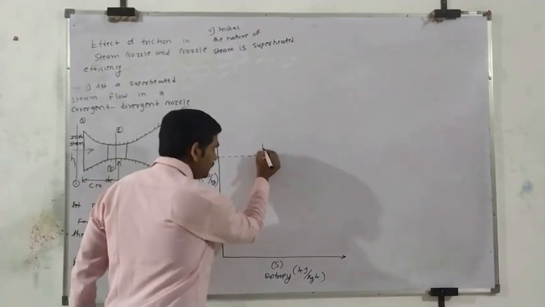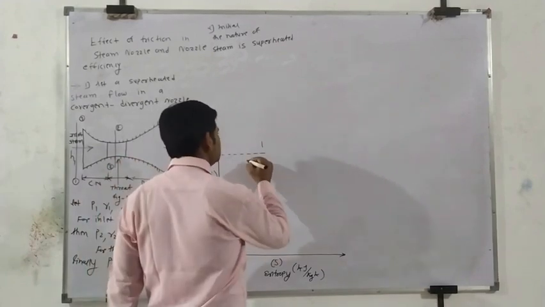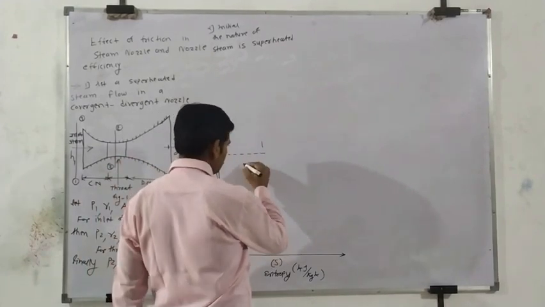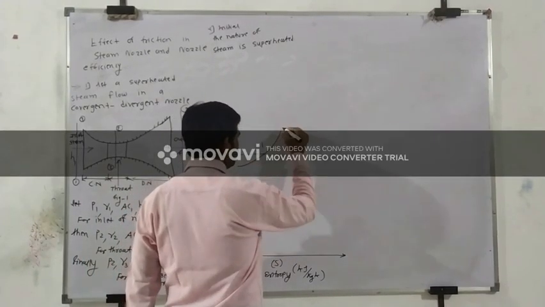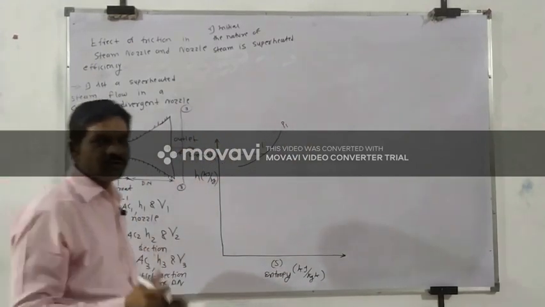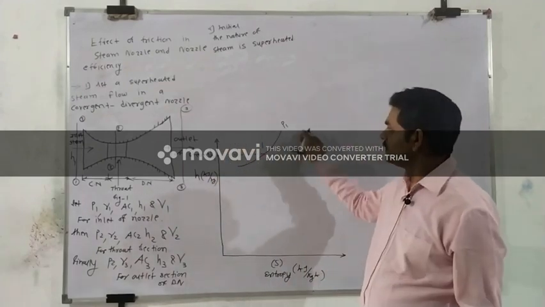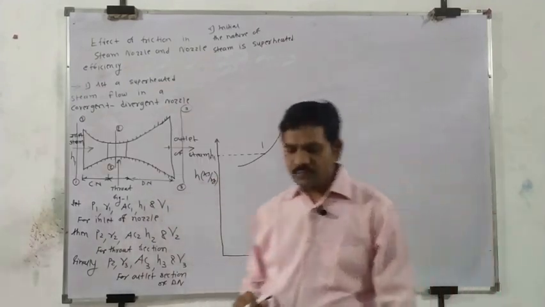For the initial point 1. Then we draw the pressure line here, pressure line P1. This is the pressure P1 at the initial pressure. What is the quality of the steam? The quality of the steam is superheated. So this is the pressure P1.